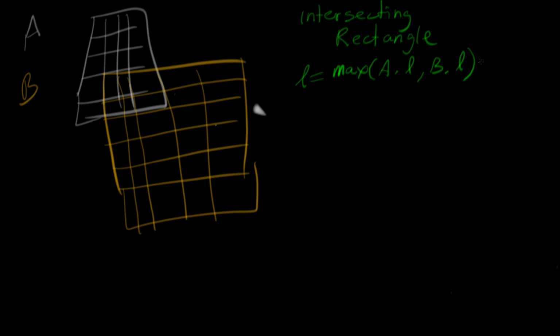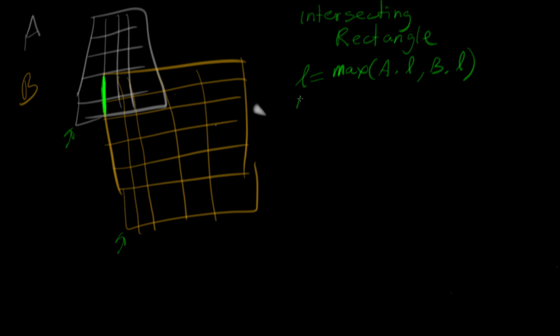That is this here. The maximum of the left is B's left side. A's left is here. B's left is here. B's left is further to the right, so it's the maximum.